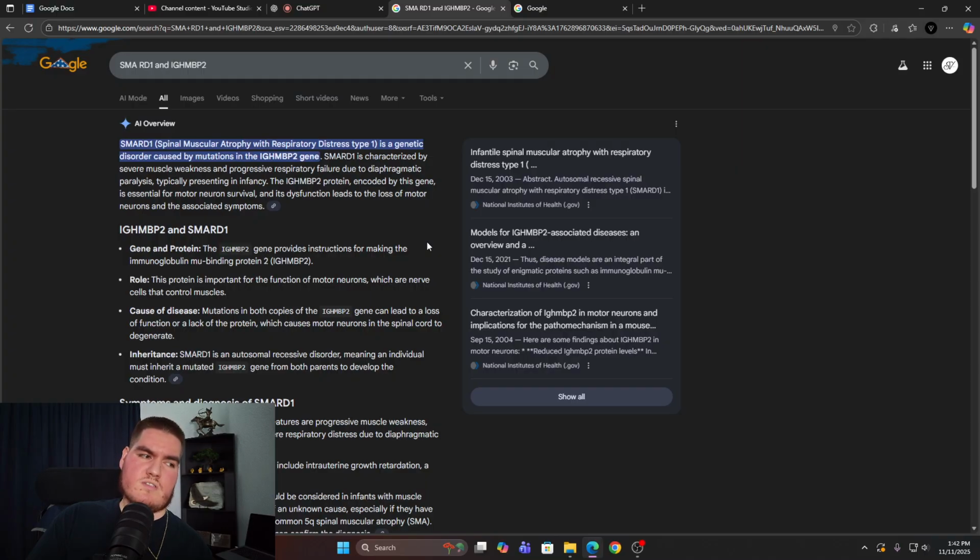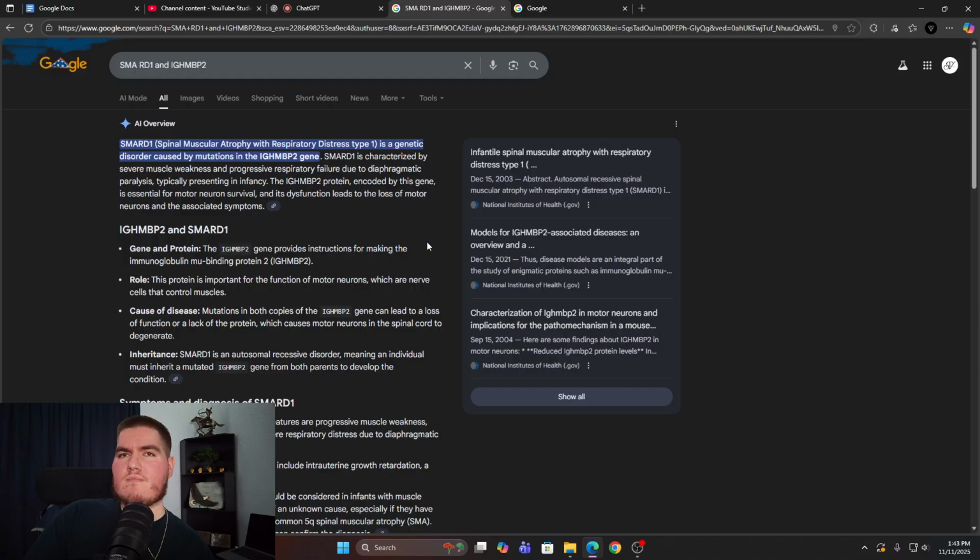And what different roles do they play? So the SMN genes, SMN1 and SMN2, are mainly focused on maintaining the health and survival of motor neurons by producing the SMN protein. When SMN1 is mutated, it leads to SMA because there isn't enough of this protein. SMN2 can somewhat compensate, but not fully.